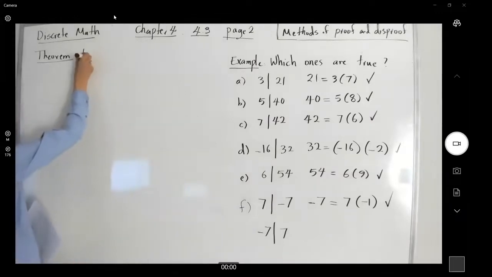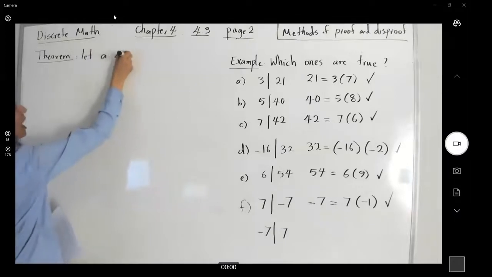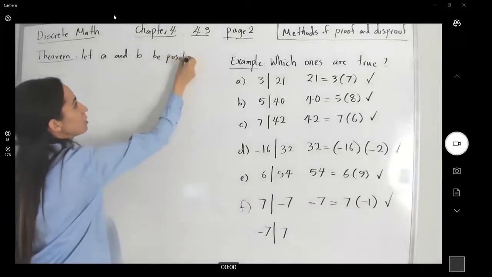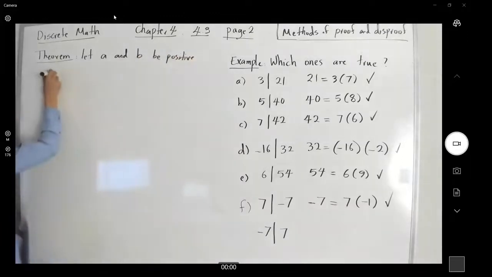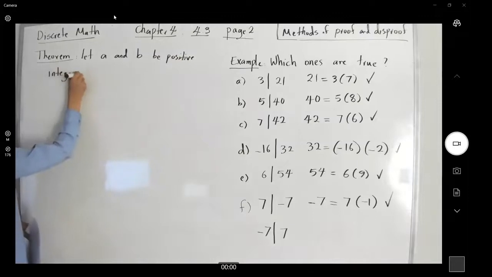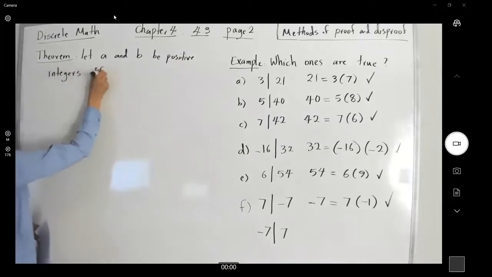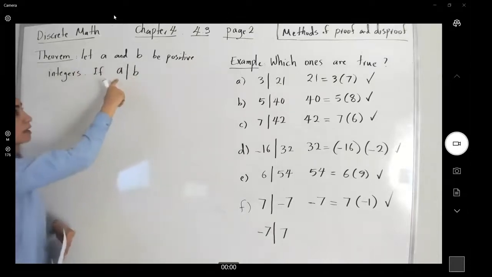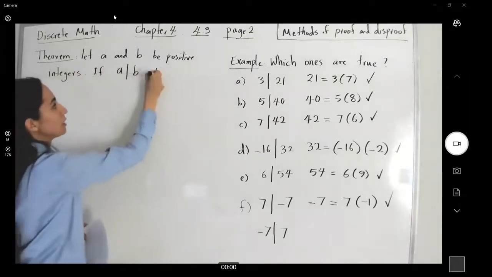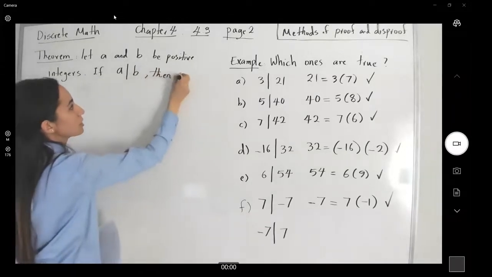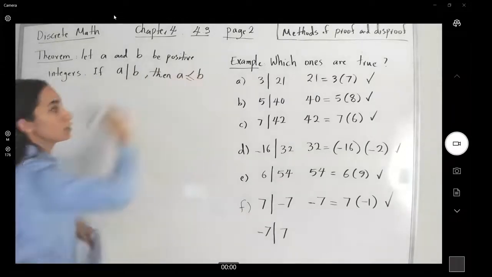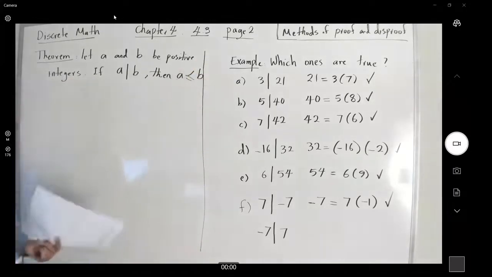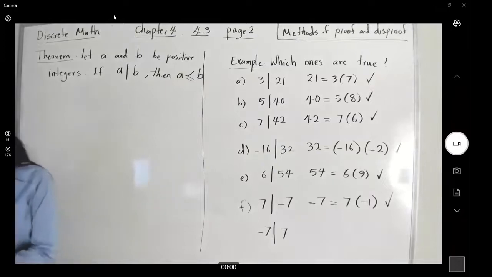Let a and b be positive integers. If A divides B, if A is a factor of B, then the conclusion is that A is less than or equal to B. Okay, perfect.